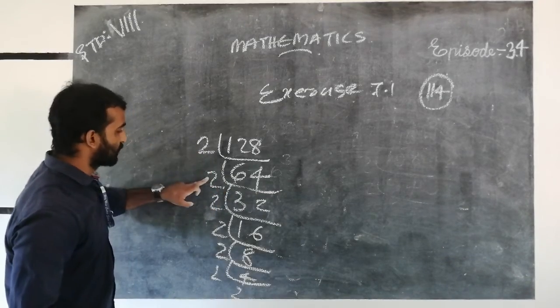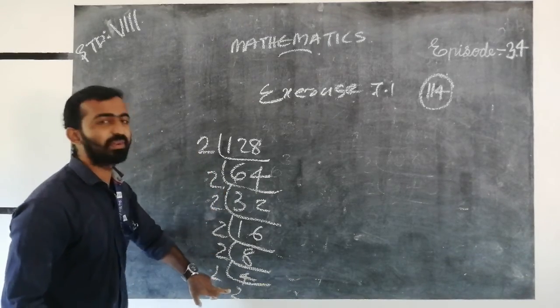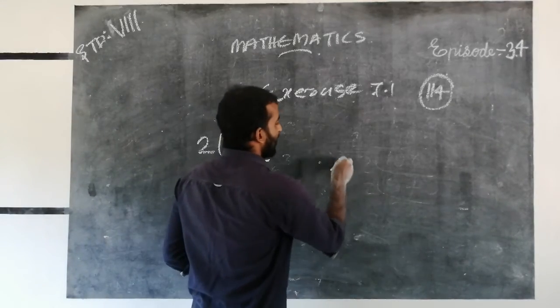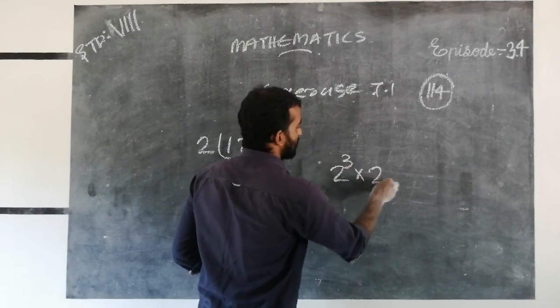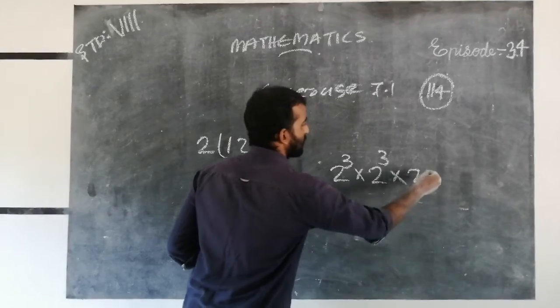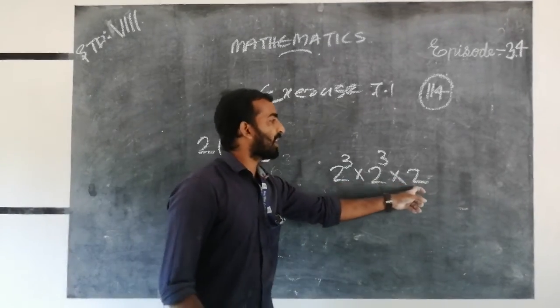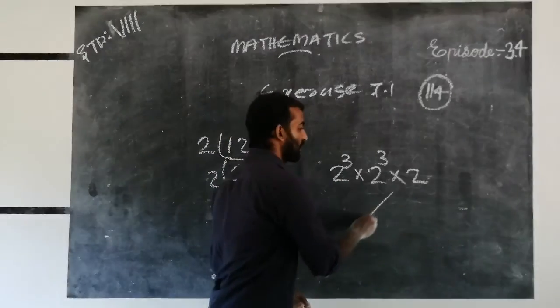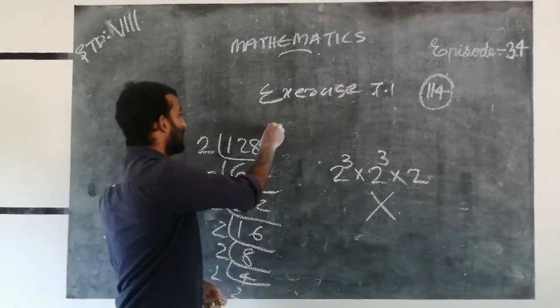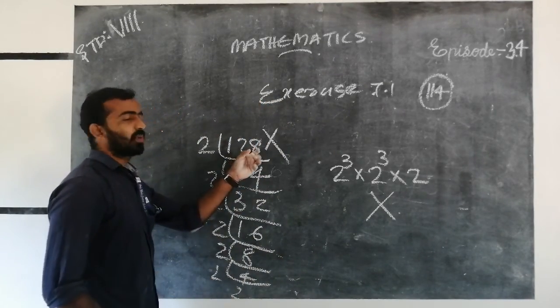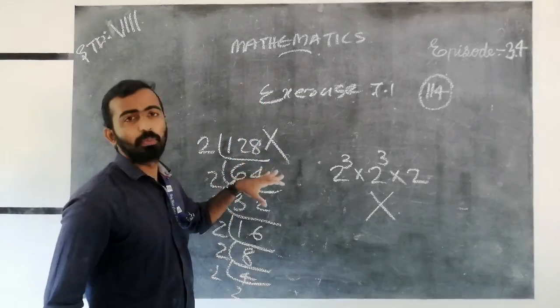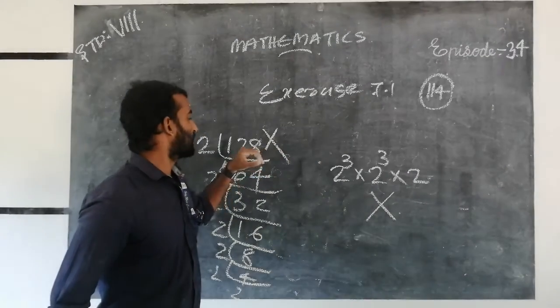When we count, 1, 2, 3, 4, 5, 6, 7 times. We can write it as 2 cube into 2 cube into 2. So here is no group for the last 2. So 128 is not a perfect cube.